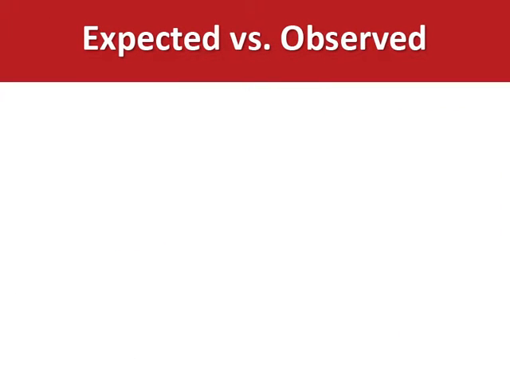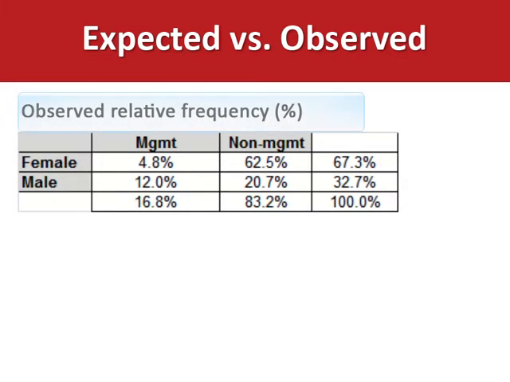We can use this feature of independence to calculate our expectations. So let's say that we have our contingency table converted into relative frequencies. It's a simple matter to go to the margins and see that the overall probability of being in management, irrespective of gender, is 16.8%. And the overall probability of being a female, irrespective of management status, is about 67.3% in this firm.